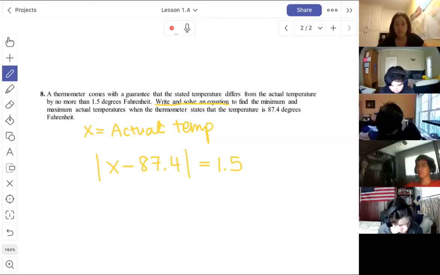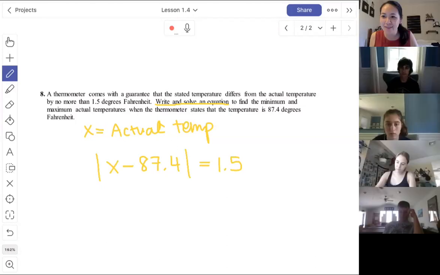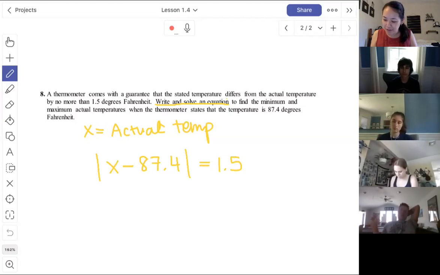Okay, so this is a little tricky, right? Translating this into an equation. The reason why it's this is because I set x to be the actual temperature. And we know that the difference between the actual temperature and what the thermometer gives is no more than 1.5 degrees Fahrenheit. So it's not off by more than 1.5 degrees Fahrenheit.